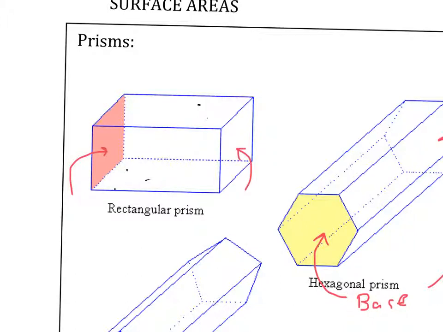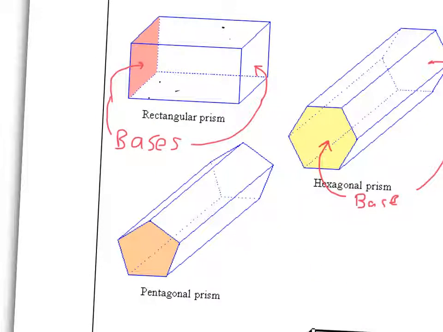So I would probably call these my bases. Again, they're congruent and parallel. That's the key. And the same thing with this, which almost looks like a barn: the pentagons here are going to be my bases.